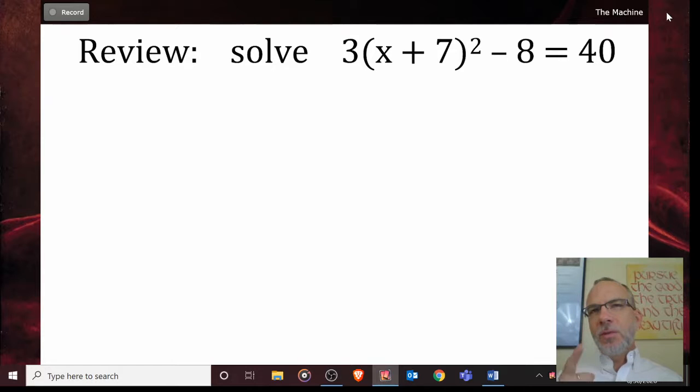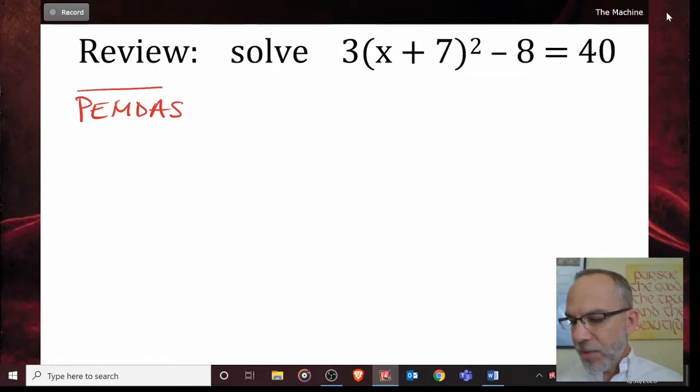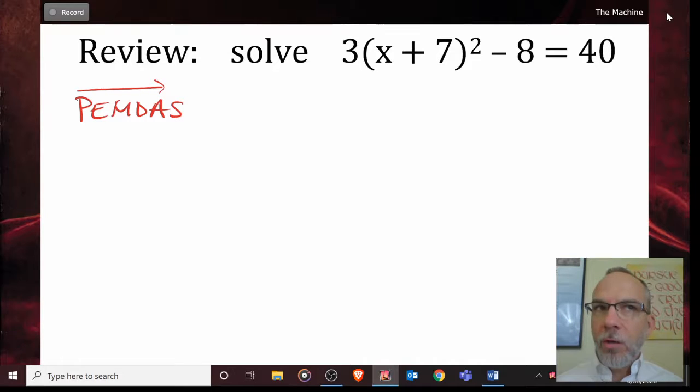And if you've been a student of mine before, you probably know this little situation here. If we do order of operations, parentheses, exponents, multiply, divide, add, subtract, when you simplify things, you go this direction. When you solve equations, you go that direction.